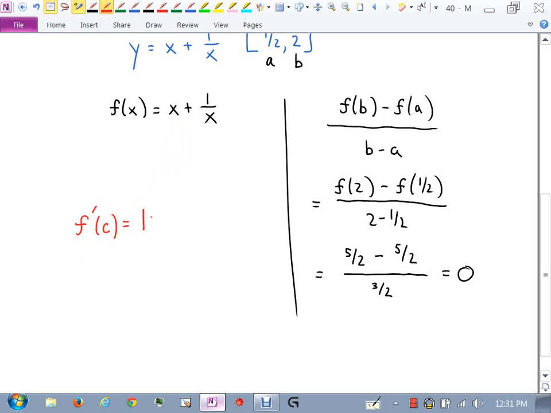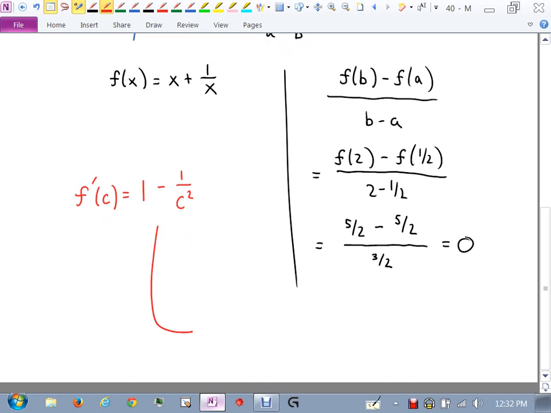It's 1 minus 1 over c squared. Do you agree with that? The derivative of this is 1, and the derivative of 1 over x, we've done it like 3 or 4 times today, is negative 1 over x squared, so negative 1 over c squared. So I want to match these. I want this to match up with this: 1 minus 1 over c squared equal to 0.